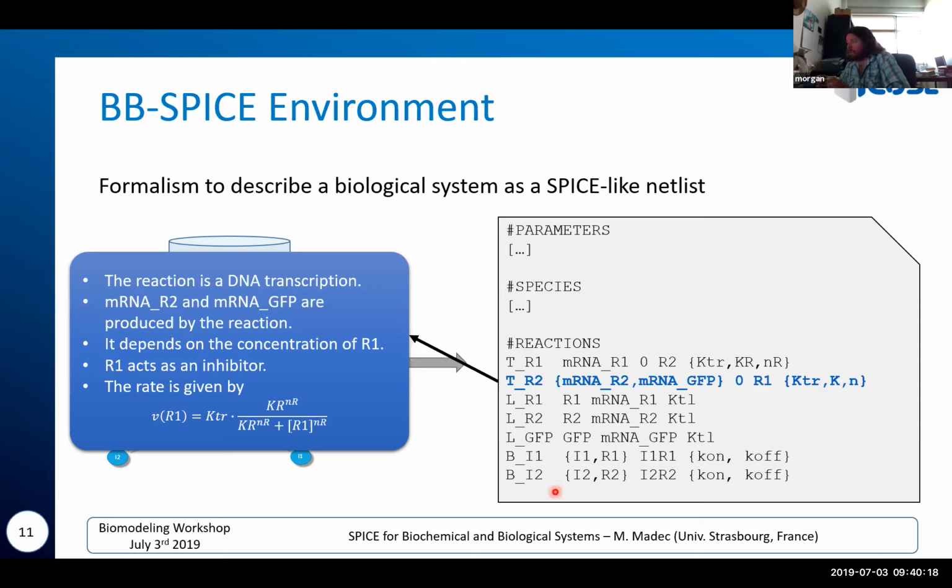There is a way to specify your own equation if you want. You start with the label X, and you give the name of the reactant, the name of the product, the name of the modifier, and then you can write the reaction rate. So you have a list of 10 different kinds of reaction, and if it's not in the list, you can write your own equation.